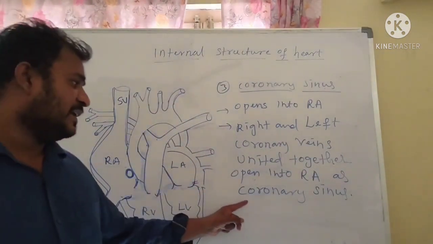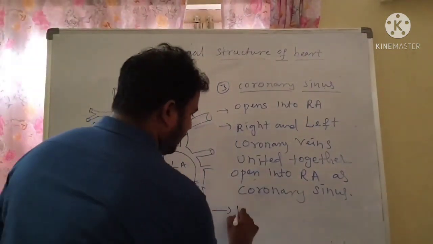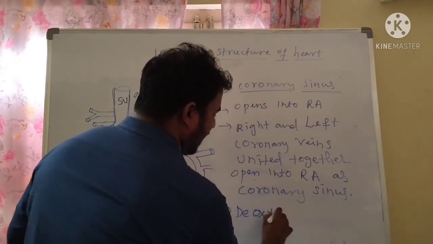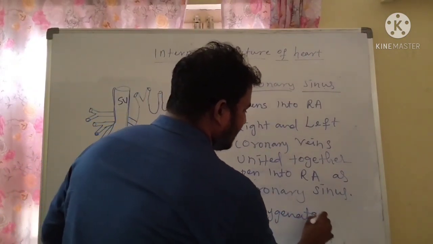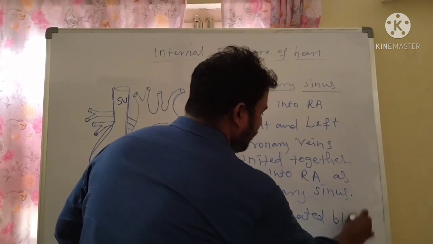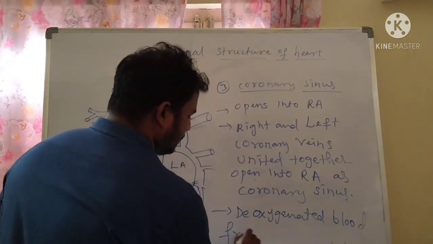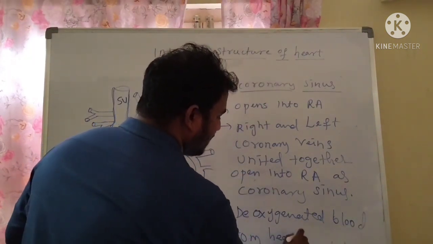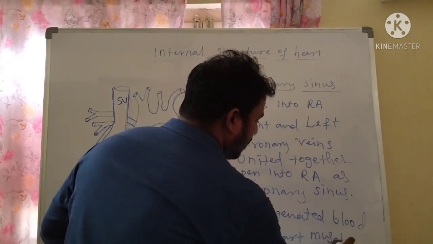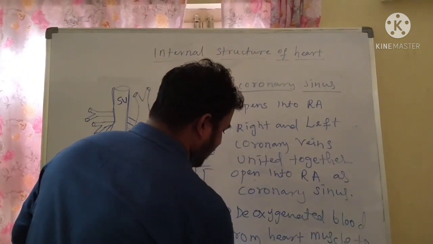And this coronary sinus brings the deoxygenated blood from the heart muscle to the right auricle.